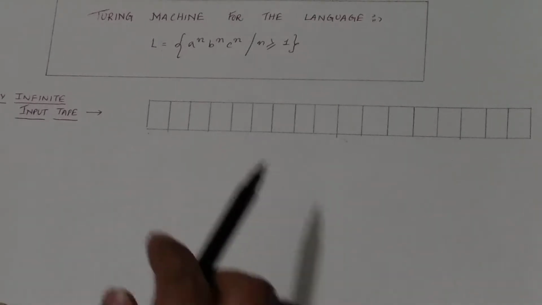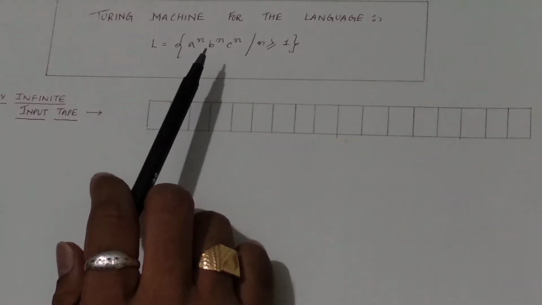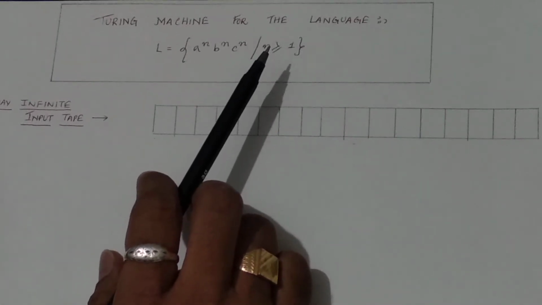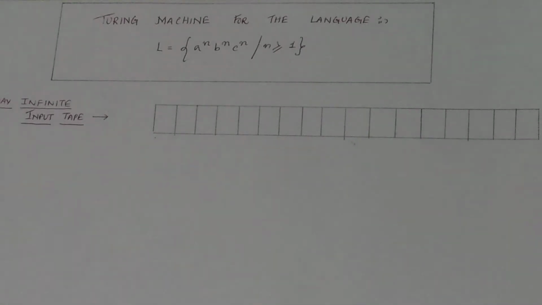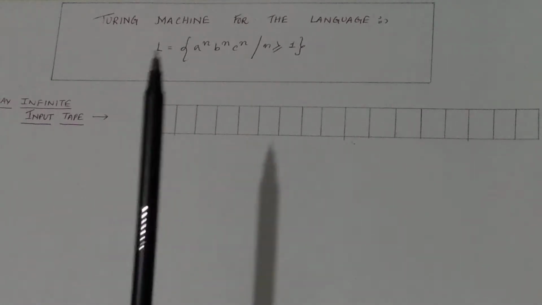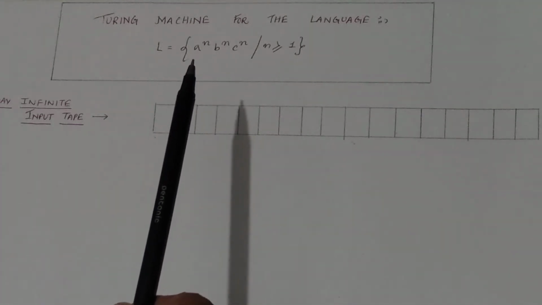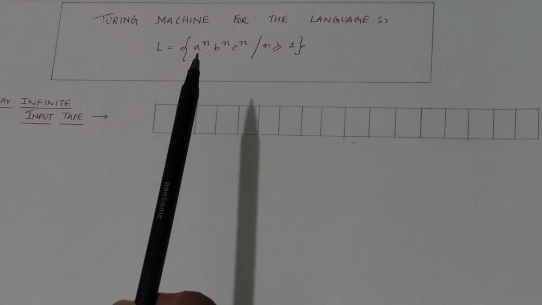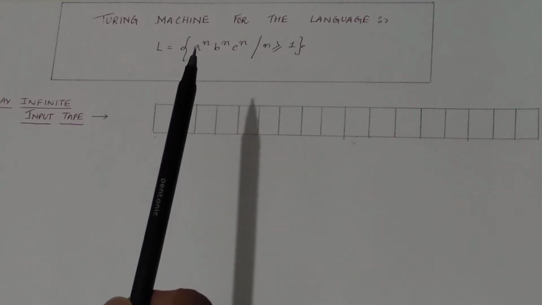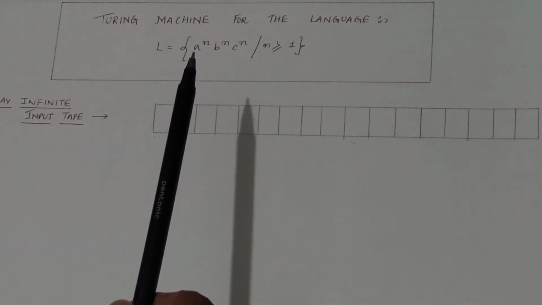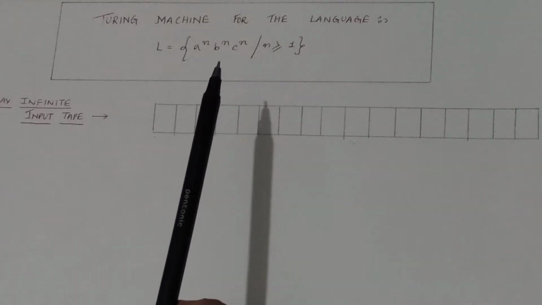The given language is a to the power n, b to the power n, c to the power n, where n is greater than or equal to 1. It is very simple, like the previous one, but here we have to do one extended process. Earlier, after reading the first a, I replaced it by a variable x, then moved the tape head until I reached the first b.